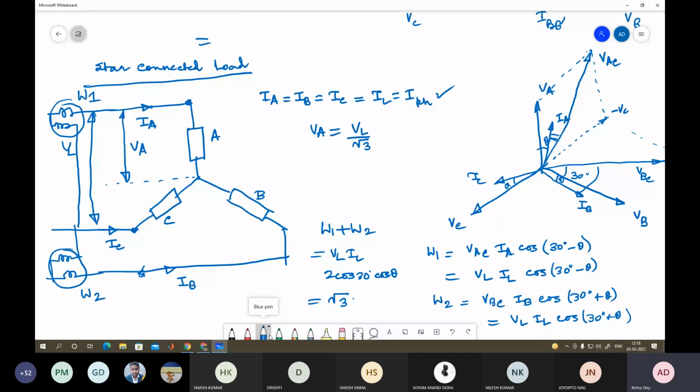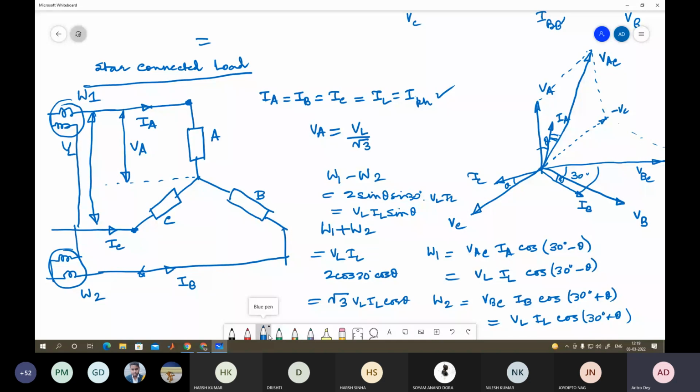Okay, and if you take W1 minus W2, you will get 2 into sine theta into sine 30 into VL IL. So you get VL IL sine theta. If you multiply both sides with root 3, then you will get total reactive power.